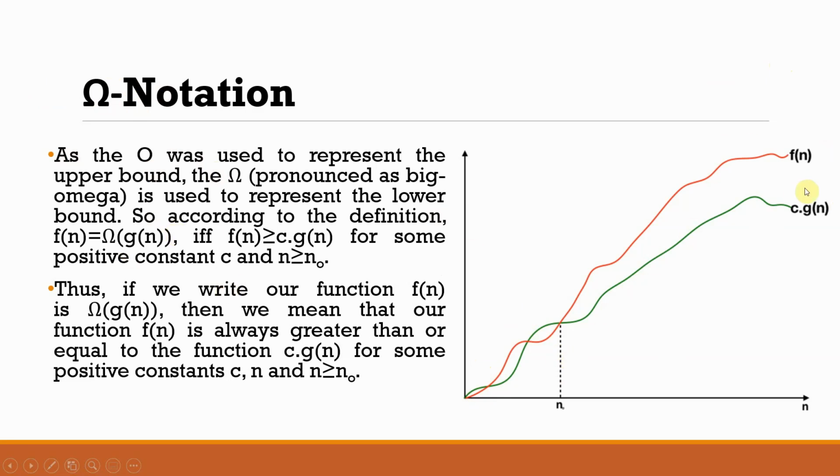The same thing that we had for big O, we have for big omega, but this time it's going to be the lower bound. Again, we want to find the tightest g of n, the one that's closest to f of n. There are many different functions that can provide a lower bound for f of n, but we want to find the one that's closest to f of n.